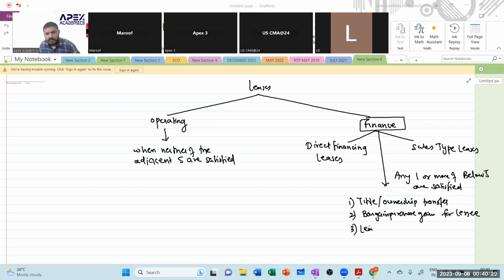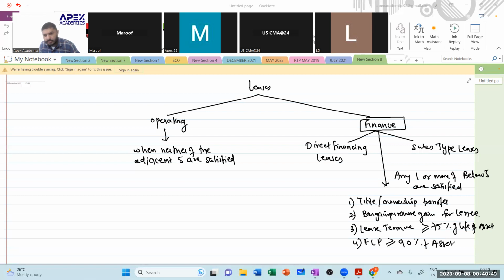Third one, life of the asset: lease tenure is greater than or equal to 75% of life of asset. Fourth one, future lease payments are greater than or equal to 90% of asset fair value. Fifth one, it is a specialized asset. Finished? Leases is over?